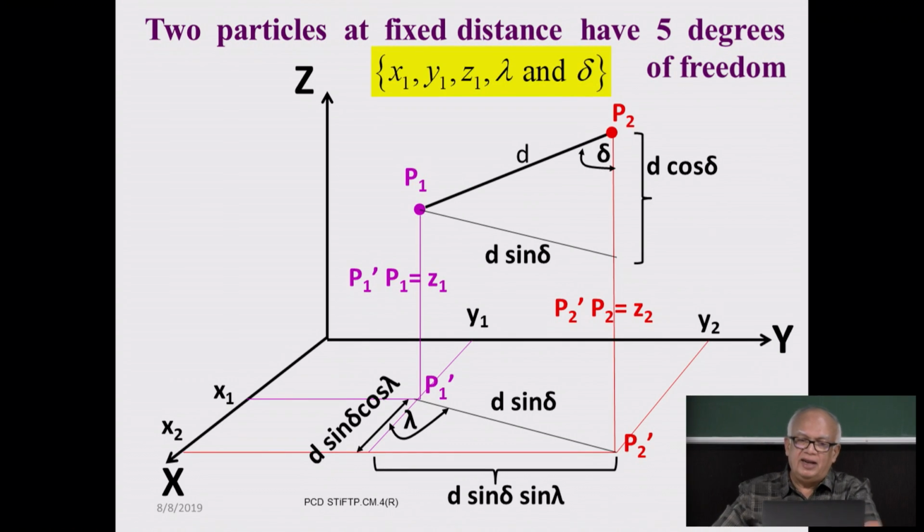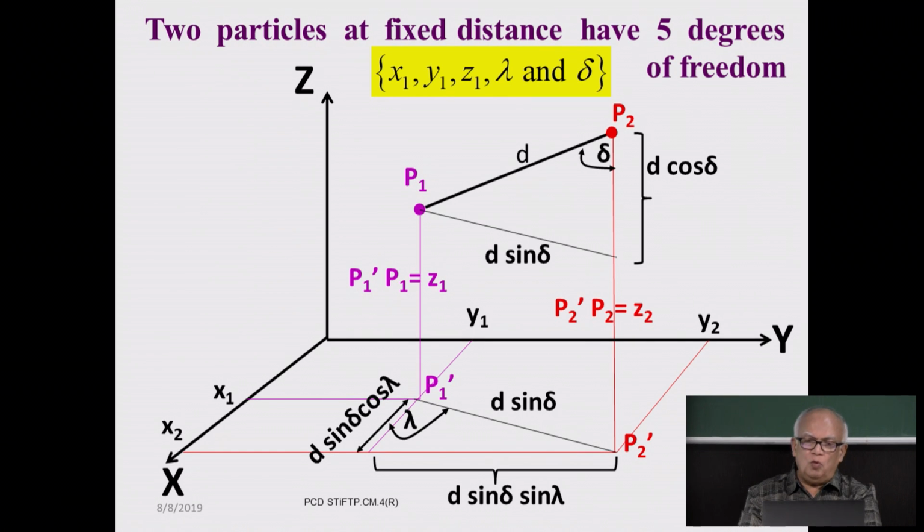You can specify less, because if you just specify the coordinates of one point, this is particle 1, then the position of the other particle is completely fixed by pinning down the position of the first particle, and then these two angles delta and lambda. So with these two angles and the 3 coordinates of P1, with 5 degrees of freedom, you can specify the 2 particles if they are constrained by a constant distance between each other.